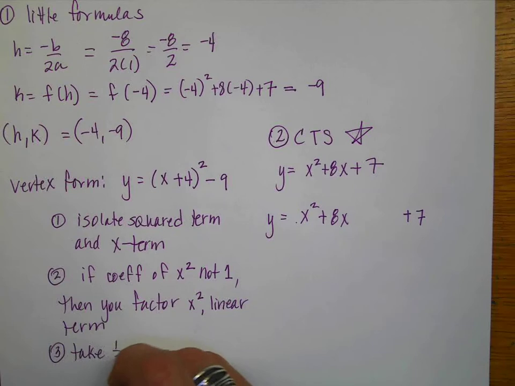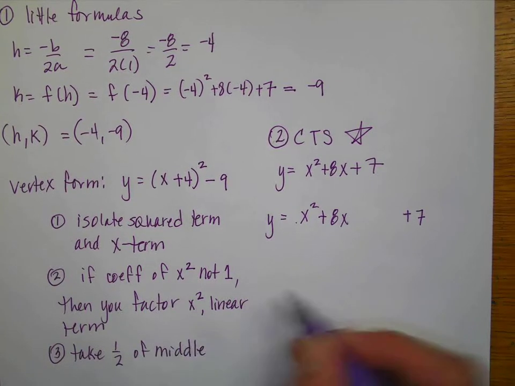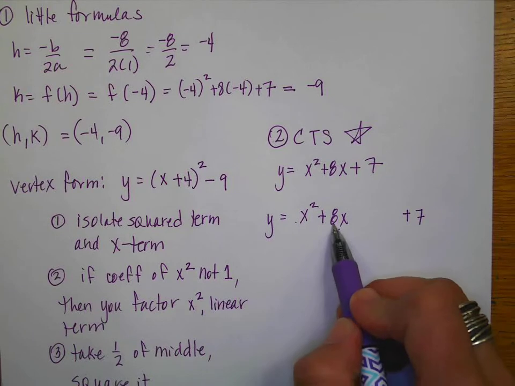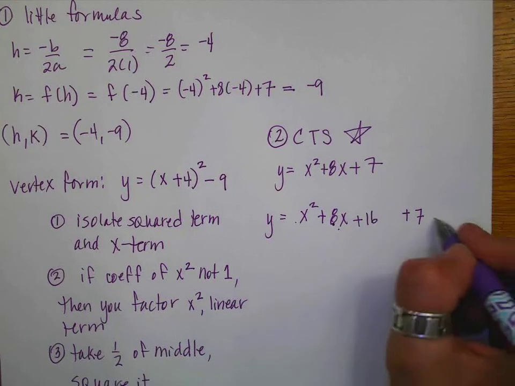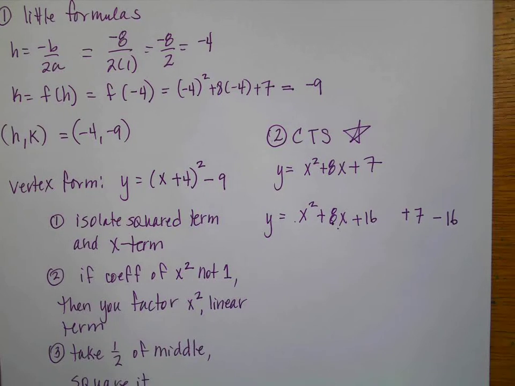Step 3 is you're going to take half of the middle term, which is this one, and then you're going to square it. Okay? So half of 8 is 4. Squared is 16, so I'm going to write a 16 there, and then I'm going to put a negative 16 there.